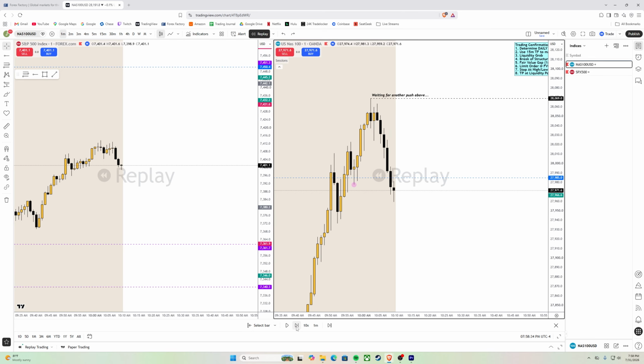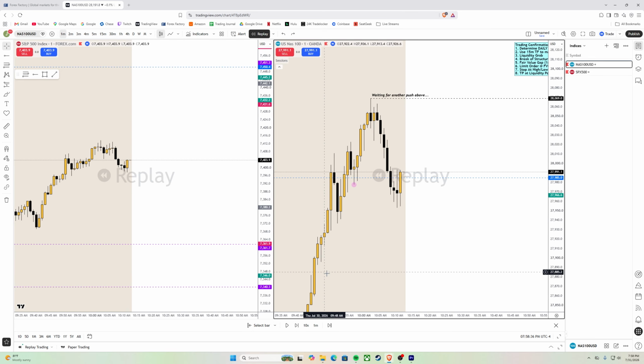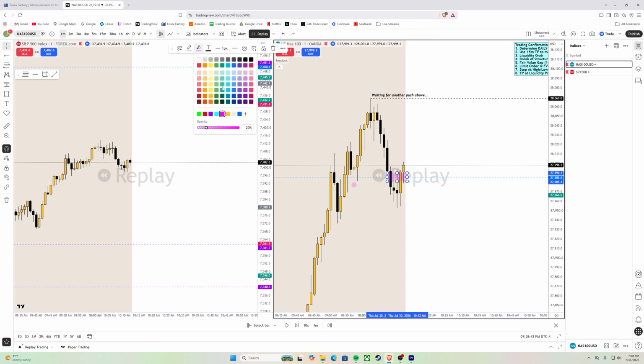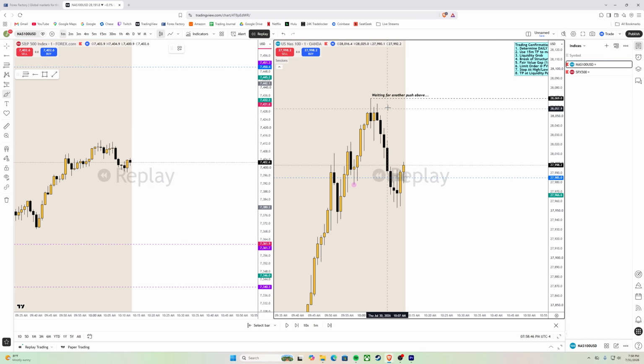You see price breaks lower, and then what happens here? You're seeing this gap get filled in. Price taps it. So if I were to be trading on this day, which of course I wasn't, and I didn't pay attention to this candle, many traders would have entered here.